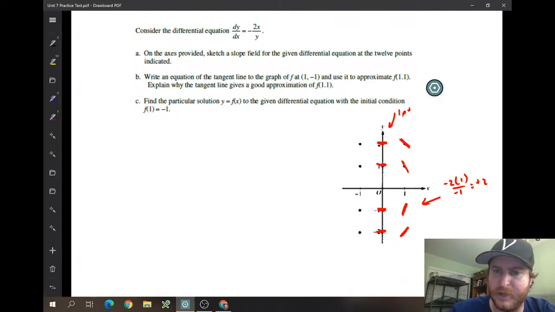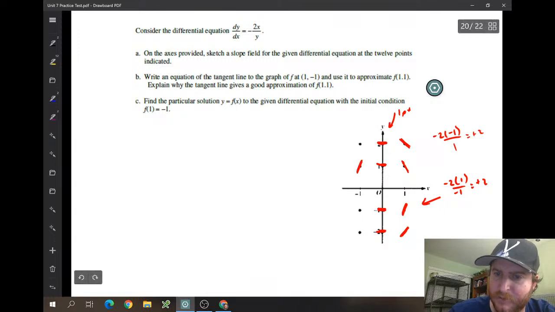And then on the flip side, right, I'll kind of write these out so I don't make a mistake again. I'll do this guy first. Negative 2 times negative 1 over 1 will become positive 2. So up 2 over 1, kind of connecting something like that. And this one here, negative 2 times negative 1 over positive 2 would be 1. So up 1 over 1, kind of connecting something like that.